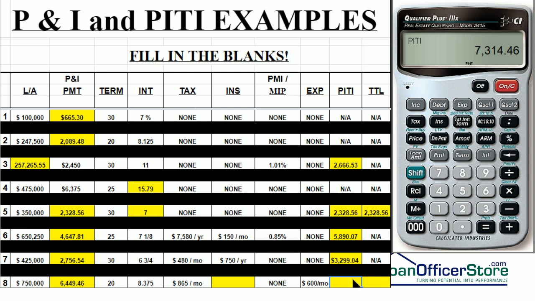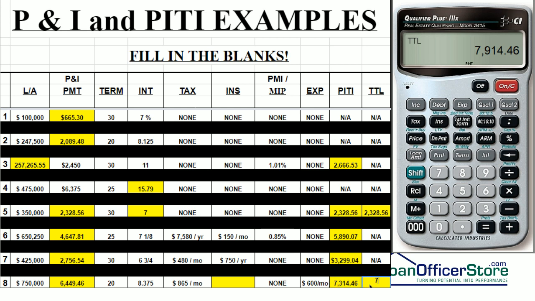Now, in this business, if I was going to say PITI, I really mean total. But remember, this calculator will give you both. Again, I wish that would go away, but we really need to know what the total payment is here. So we hit it one more time, and you can see it's $600 a month higher, as it should be, because we added in a $600 expense that's on there, homeowners association.